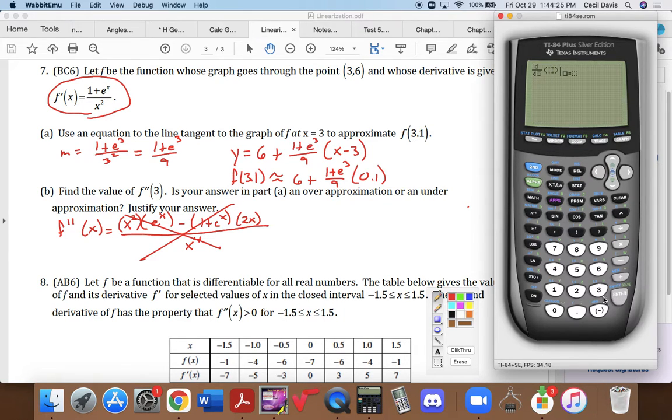So the numerical derivative of 1 plus e to the x over x squared, evaluated at x is equal to 3. What have I done wrong? That's d over dy. Why is it d over dy? What the heck? Hang on just a second.